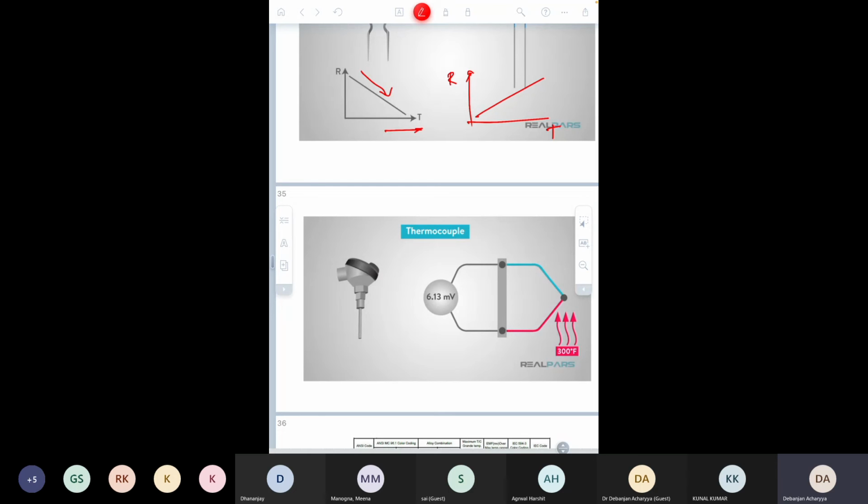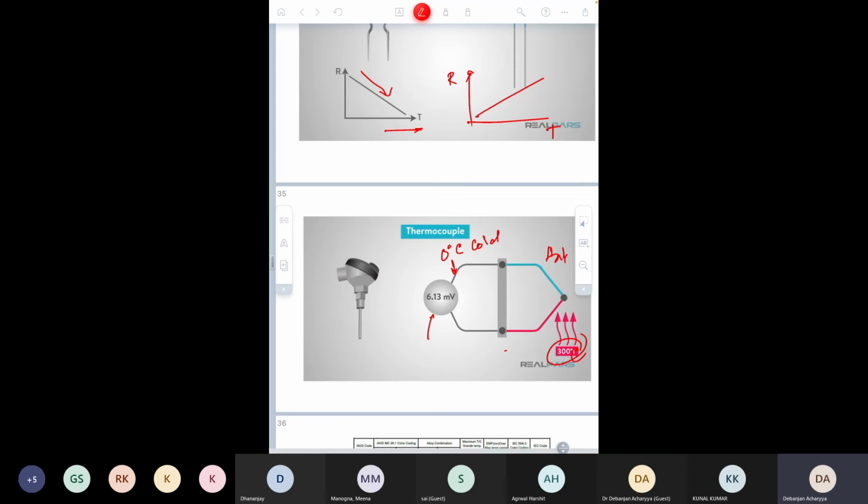For example, this particular junction is at 0 degrees Celsius, the cold junction, and this particular junction is at 300 degrees Celsius. So this is the hot junction.